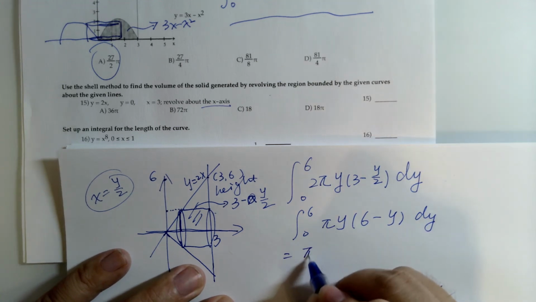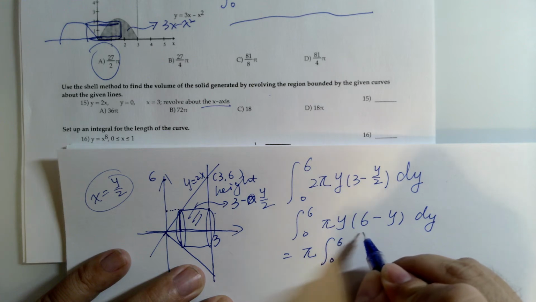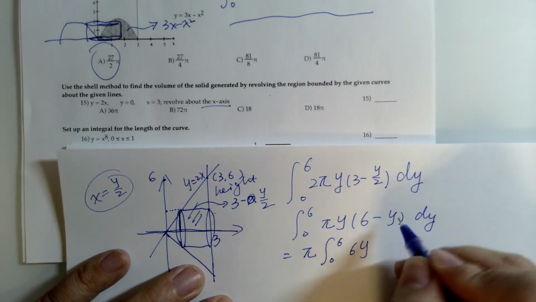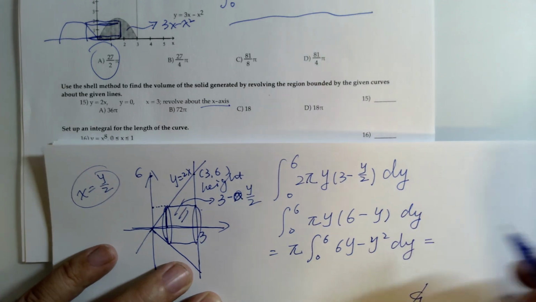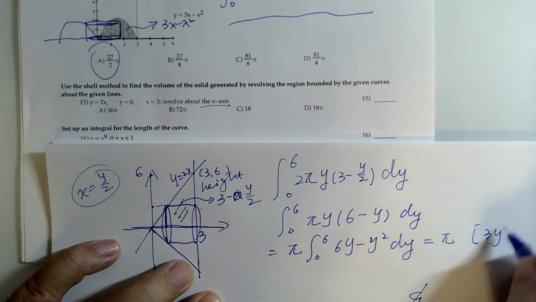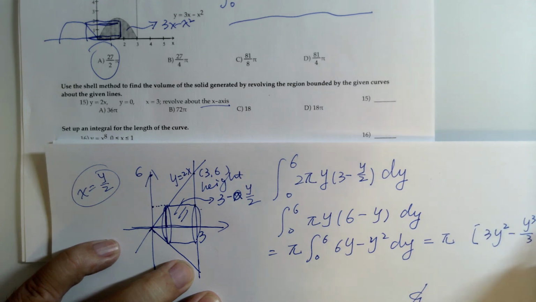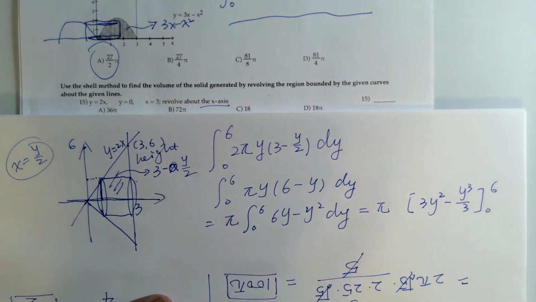And then we have pi times the integral from 0 to 6. Y times 6 is 6y. Y times y is y squared. And then dy. And then it's pi times 3y squared minus y cubed over 3 from 0 to 6. So we can evaluate this.